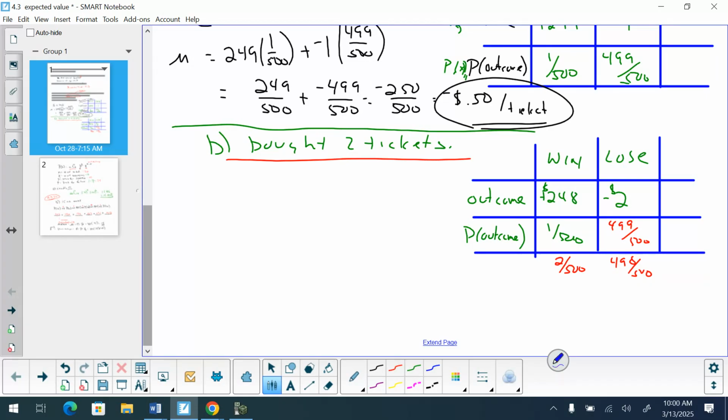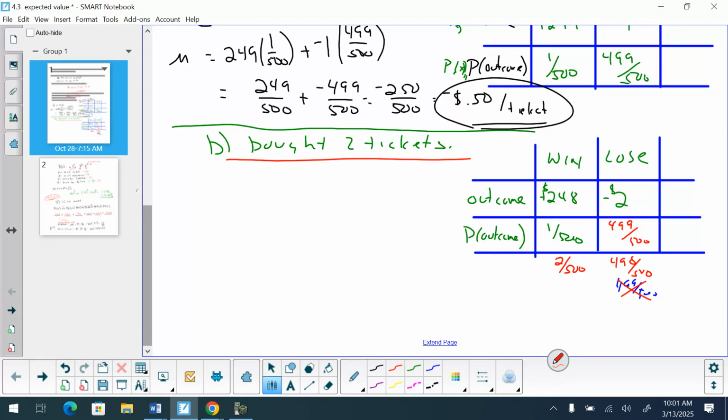In binomial experiments, the probability of all the scenarios in the sample space has to add up to 1. So if you say this is 2 out of 500, this is 499 out of 500, these don't add up to 1. So that has to go away. I would accept here or here. I'd accept either one. But I won't accept the combination of both of them.